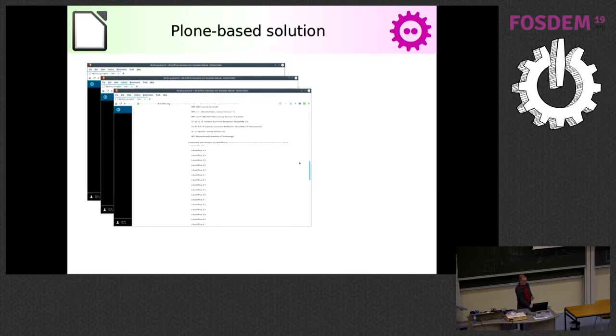Below you get all the LibreOffice releases, and you have to check the releases where your extension is working, because an extension might not work in all older releases or might not be compatible with the new one.